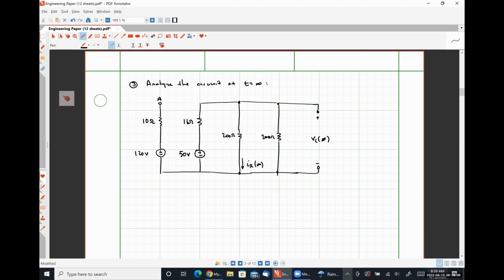Or work the other way around, if we can figure out what VC of infinity is first, simply dividing that value by 200 ohms will give us IR. So we really only need to concern ourselves with finding one of these two quantities in the easiest and most efficient way, because the other one is directly related to it using Ohm's law.